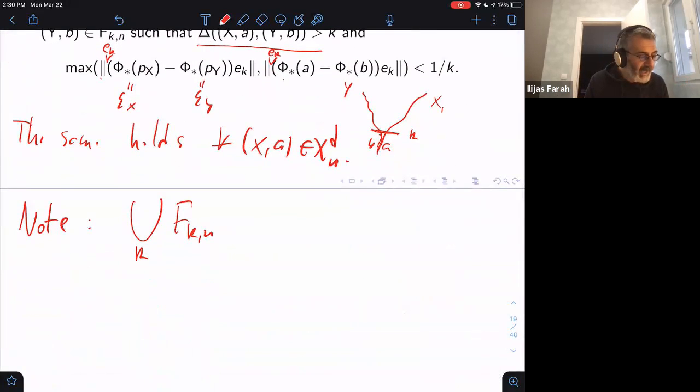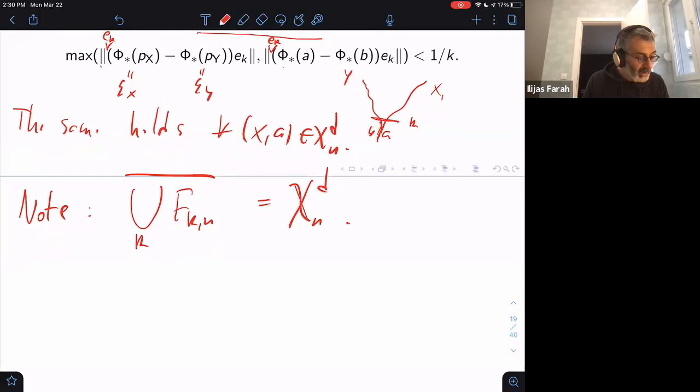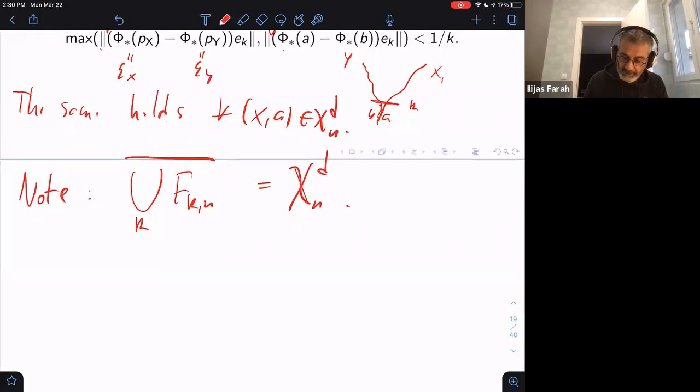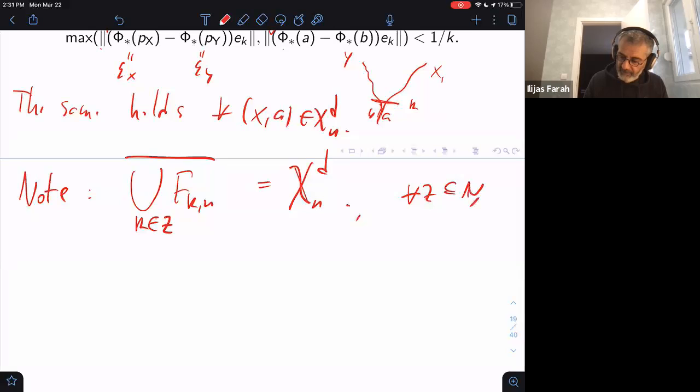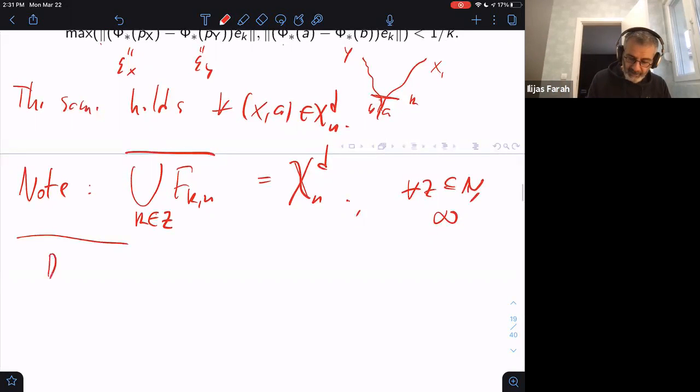So the union of FKN's is dense in XDN. I chose them that way. And not only that, but if I take the union over any infinite set, so for every Z subset of N infinite, again the union is going to be dense, because I'm just basically guessing at later and later stages.